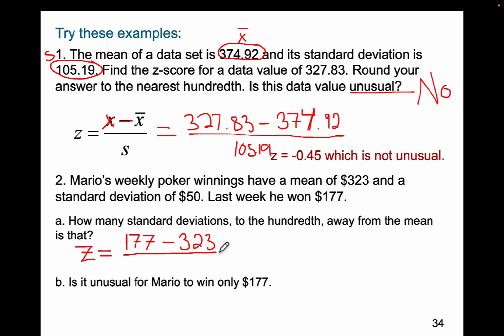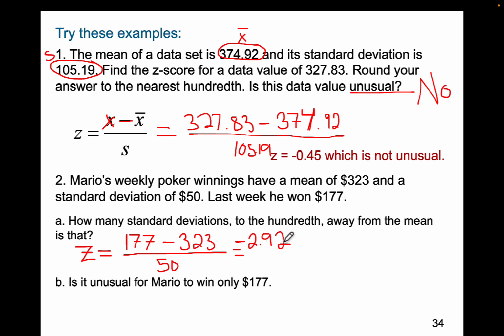Then divide by the standard deviation, which is 50, and that will give us, sorry, negative 2.92. So this 177 has a z-score of negative 2.92.